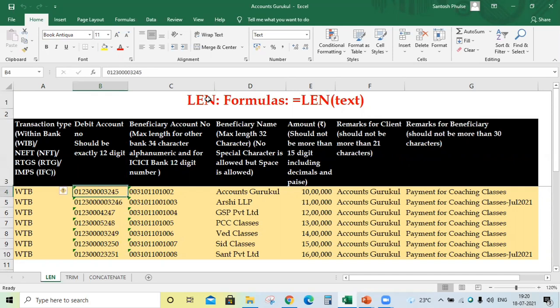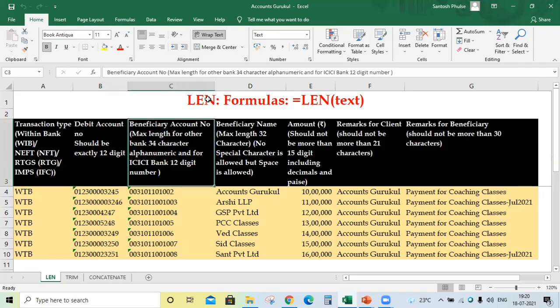So the restriction is how many digits are required for your debit account number. For the beneficiary account number, the max length for other banks is 34 alphanumeric characters, and for ICICI Bank 12-digit numbers are required.